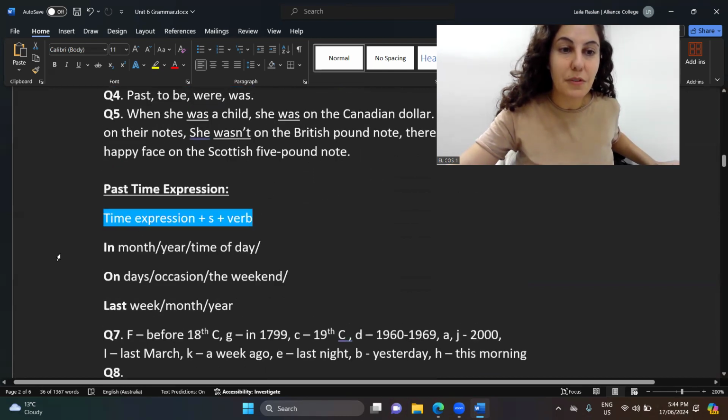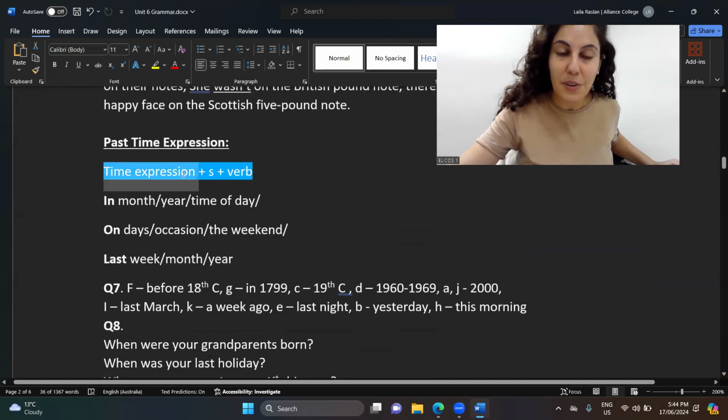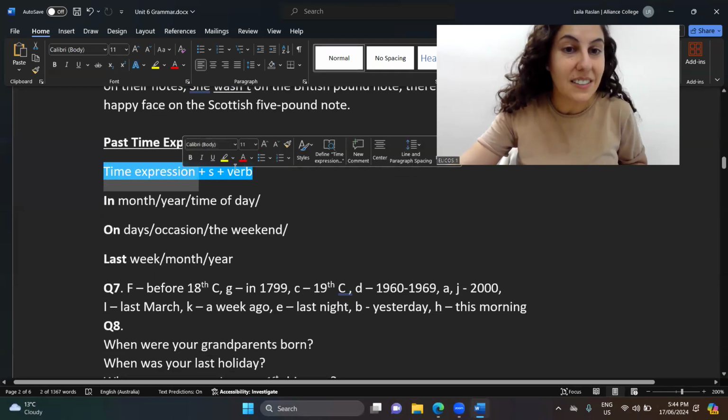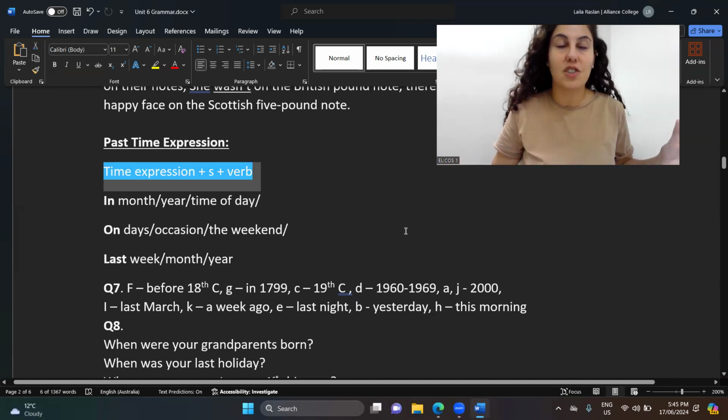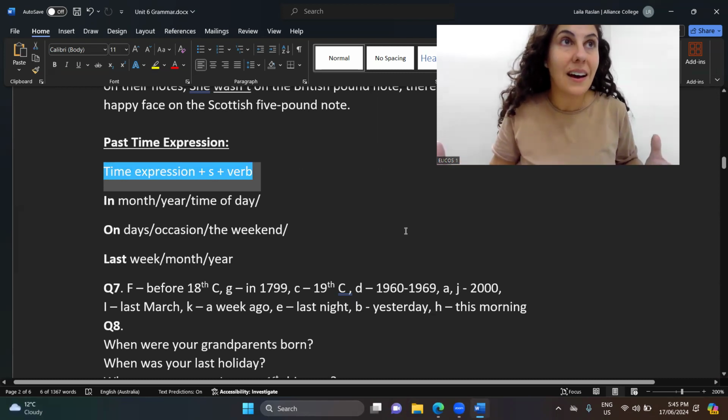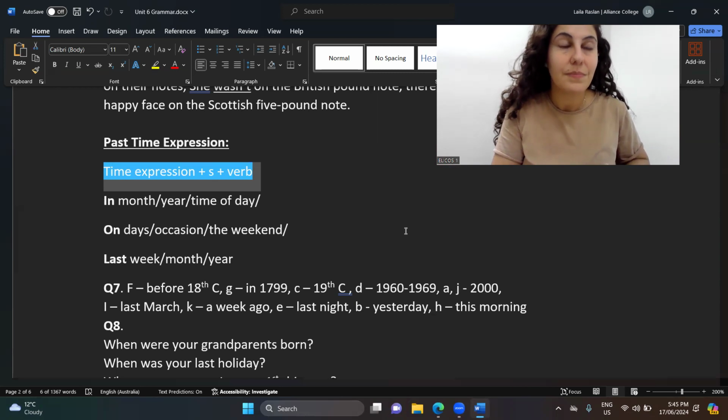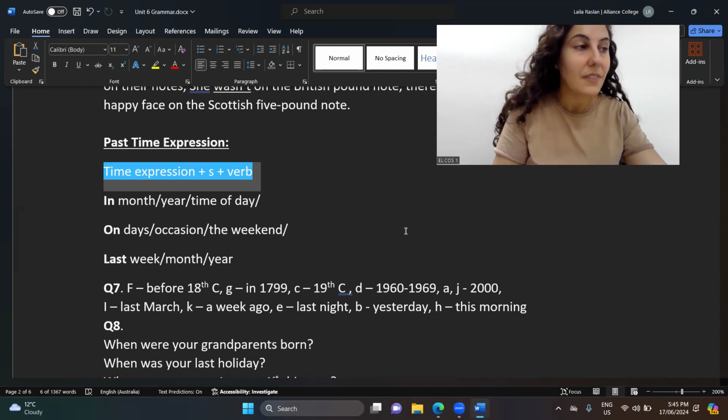Now, as I said just before, we can add the time expression before the subject, before the verb. So this is time expressions like yesterday. Okay, I went to the beach. Or last night, I saw my friend. Or 2 days ago, I was in class.